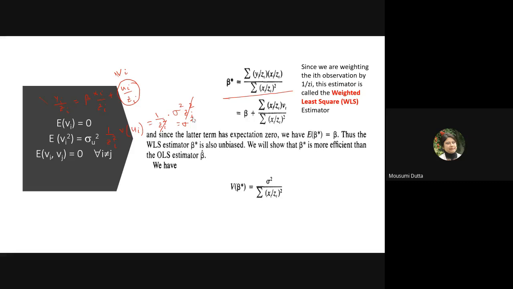The same format, summation xi yi divided by summation xi square. Xi has been changed to xi by zi, yi has been changed to yi by zi, and for that matter, the format is coming in this way. Any question regarding the assumptions of vi and beta star value?